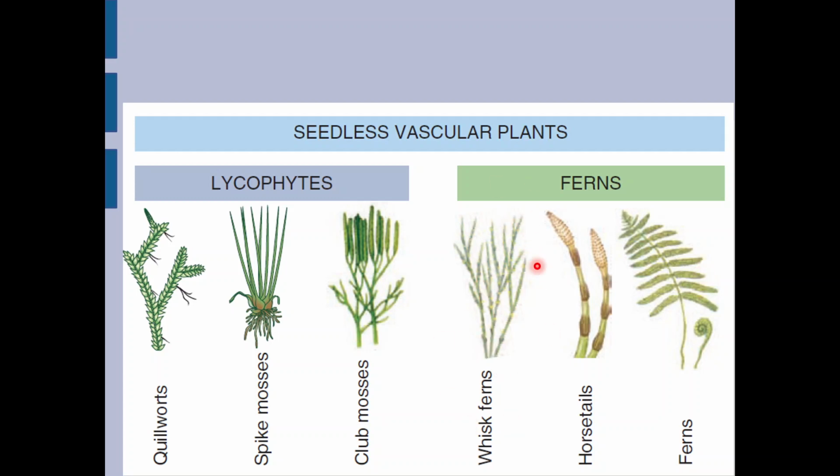The whisk ferns don't have megaphylls; they have not true leaves, but the other horsetails and ferns have megaleaves.